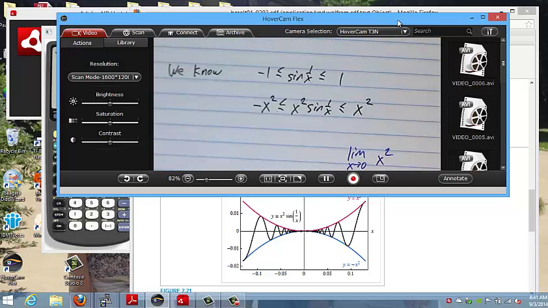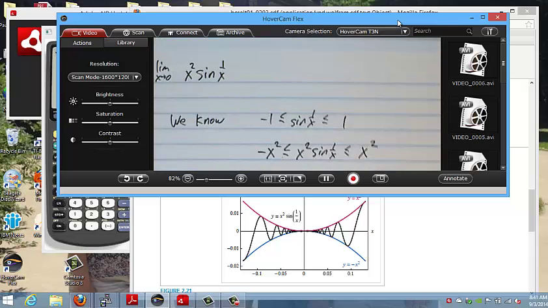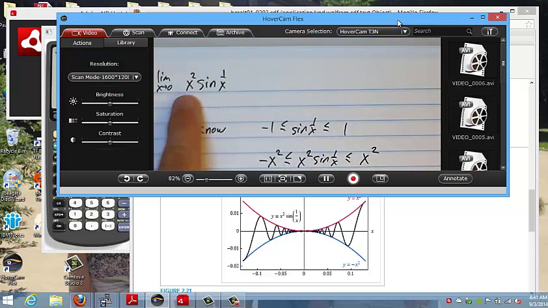The limit as x approaches 0 of x squared is 0. Okay? And we also know that the limit as x approaches 0 of negative x squared equals 0. Right? And what we're interested in is, what is the limit as x approaches 0 of x squared sine of 1 over x?